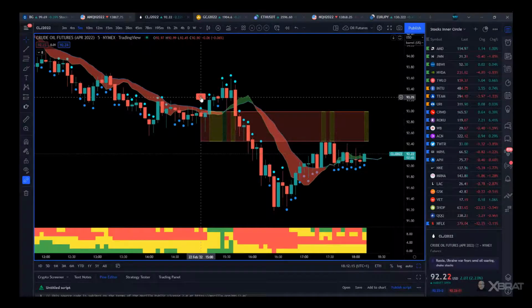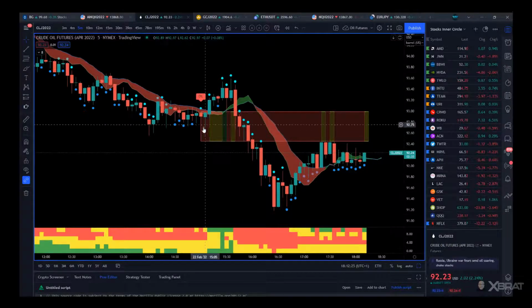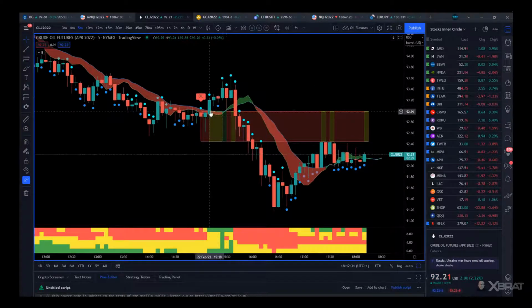We get this red tag, so we're only looking for shorts. Look at this bias, there's only 3 red, 3 neutral. It goes long. At this point, when it breaks out of that range, none of those biases are green. We are not going to trade that long. We're not going to get suckered into it. And look what happens, it runs out of juice and comes back down again.